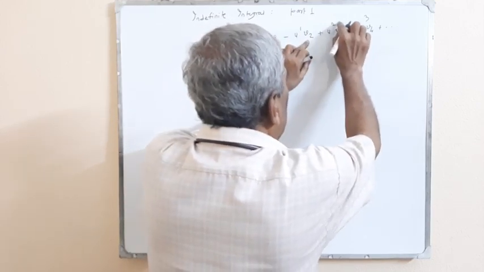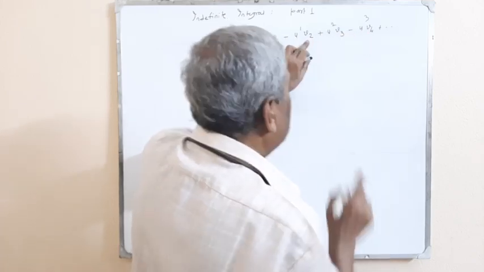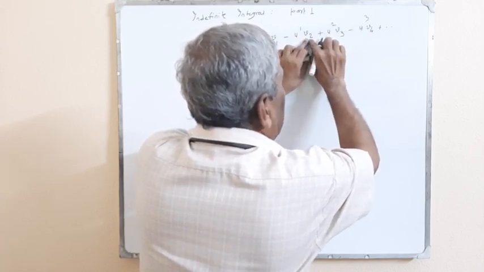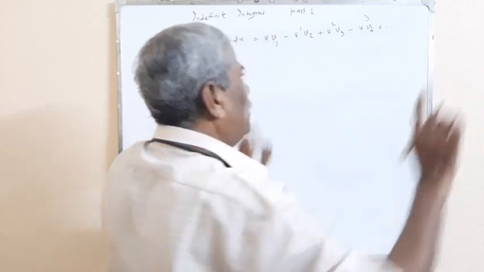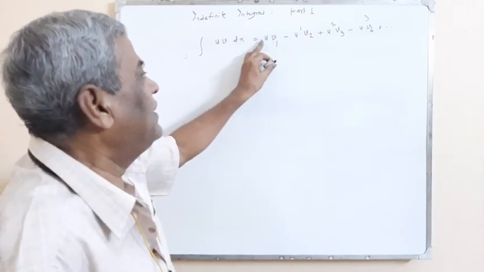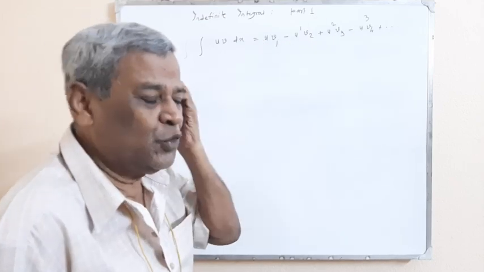Here u2 is the derivative of u 2 times, that is the derivative of u dash once. v3 is the integration of v2 with respect to x, and so on. And the signs are alternately positive and negative.